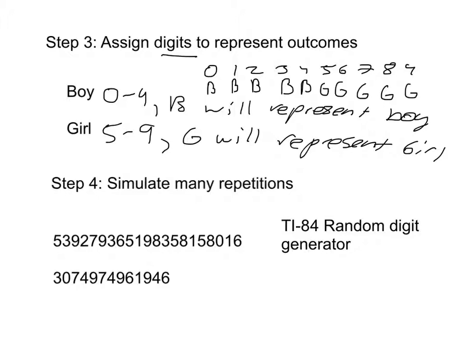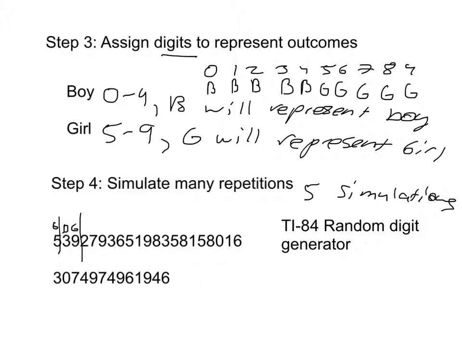And so we look at the first. The first number is a 5, so girl. And let's say we're going to do 5 simulations of this experiment. So the first one's a girl. This one is a 3, which is a boy. So when we move on to the next one, this is a girl. Basically what I'm doing is it's either 5 children or a girl, whichever comes first.